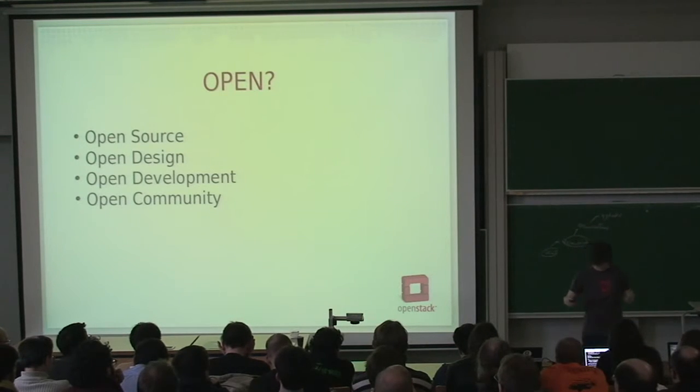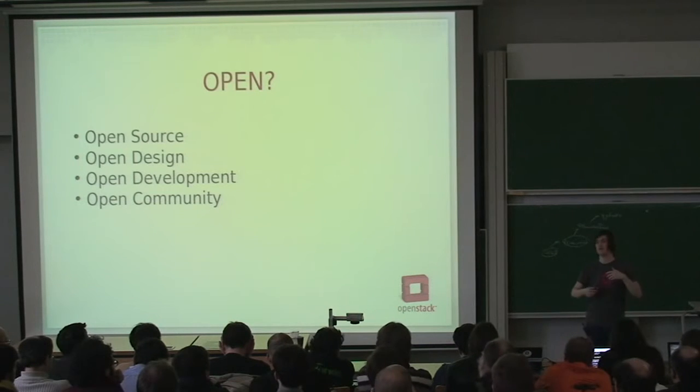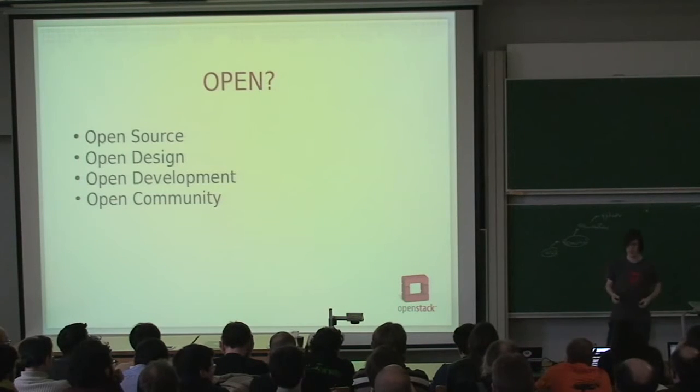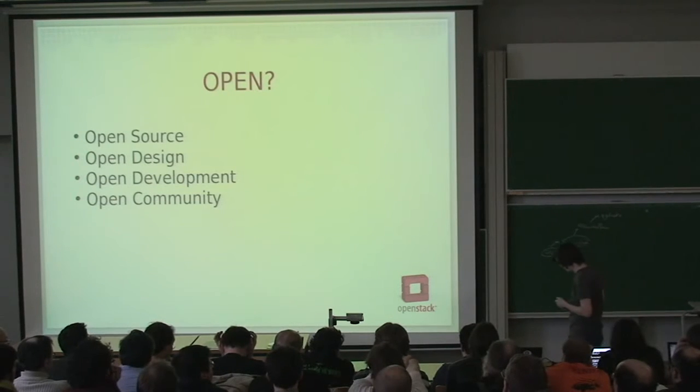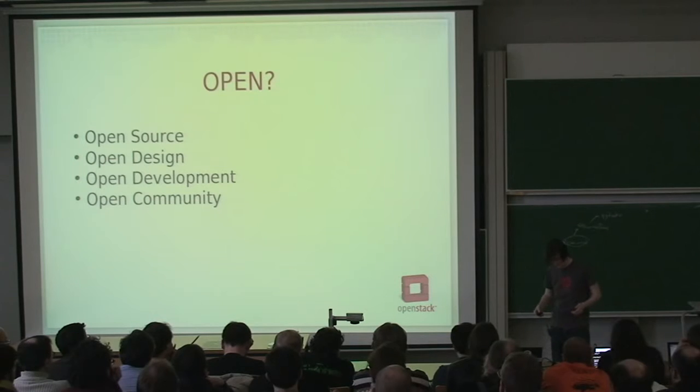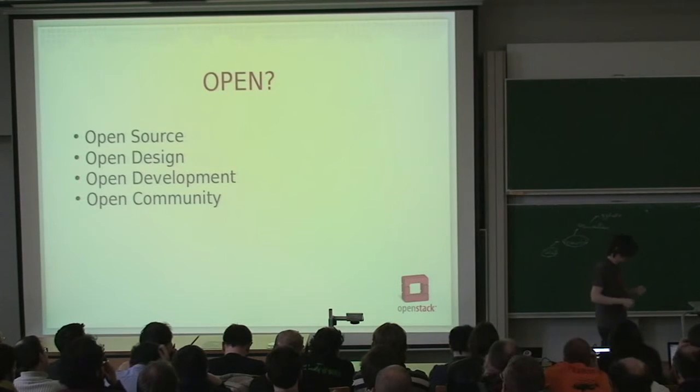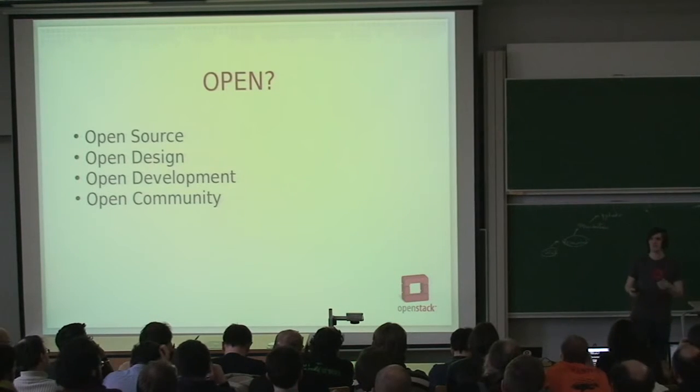So open design. Everyone can propose features. Everyone is free to work on features, more than free to work on features, and give input on how we're going to do this and that and solve different problems. Open development. You can do open source in many ways. I suppose it counts as open source if you just, every 6 months, publish a tarball.